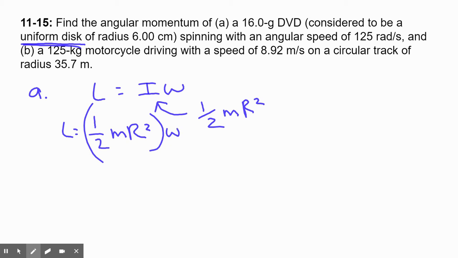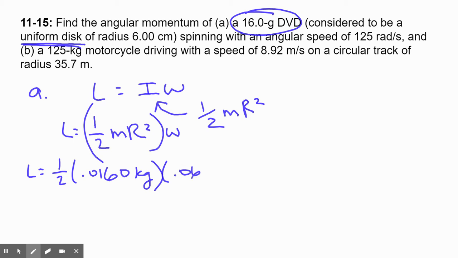Okay. Now let's plug in our information. So this is going to equal 1/2 multiplied by 0.010. Oh, I'm sorry, I forgot to mention that. This is given to you in grams, but all of the equations we work with need to have units with kilograms. So you've got to convert that mass into kilograms. 0.0600.